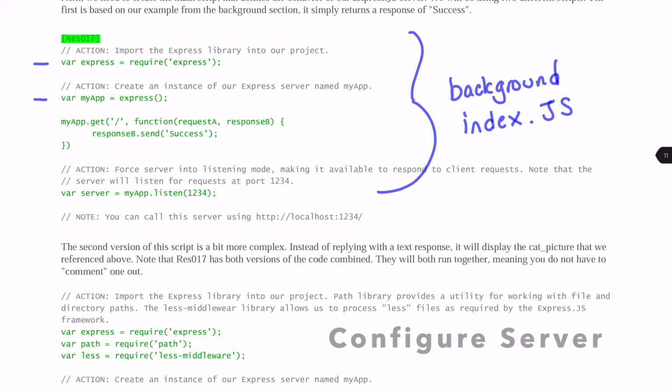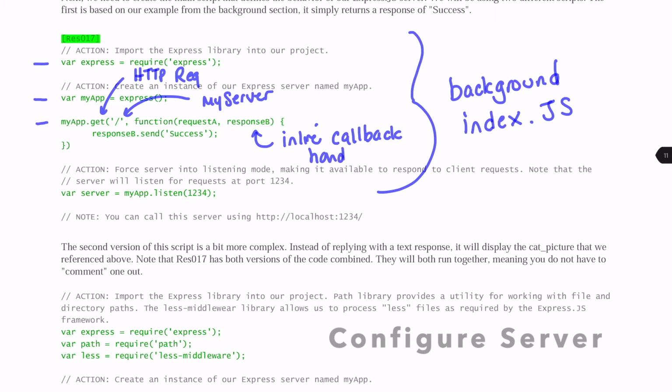And then what I'm going to do is say, okay, my app is going to employ the HTTP request method of get for the root folder of our project, which would be the my server folder. And it is going to employ an inline callback handler, which simply responds with the message success.